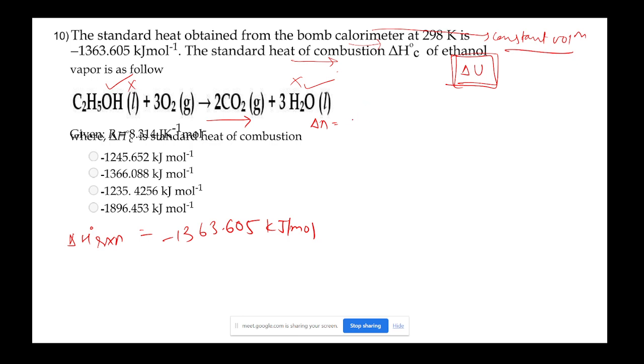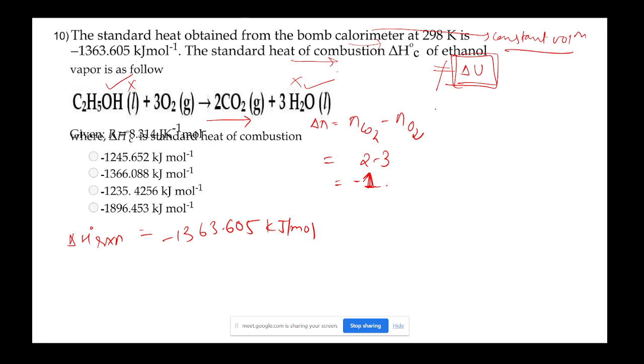For gaseous products and reactants, the change in number of moles is n CO2 minus n O2, which is 2 minus 3, which is minus 1. So this is not a constant volume reaction, and the heat of combustion will not be equal to delta U, the change in internal energy or the standard heat obtained from the bomb calorimeter.